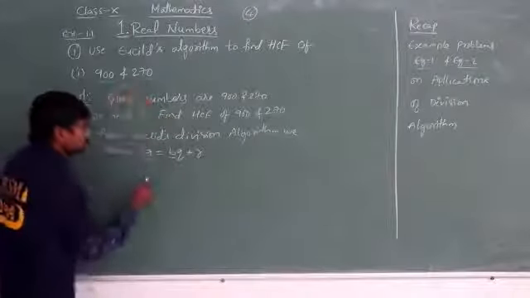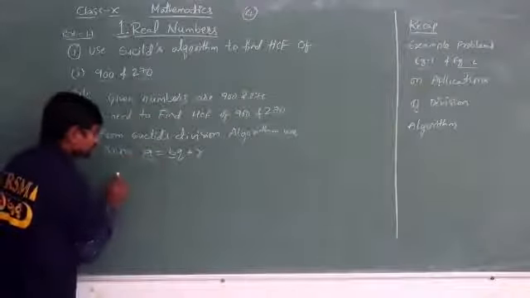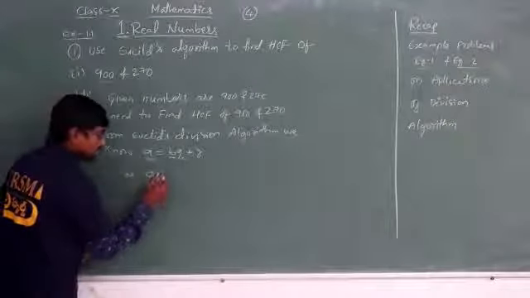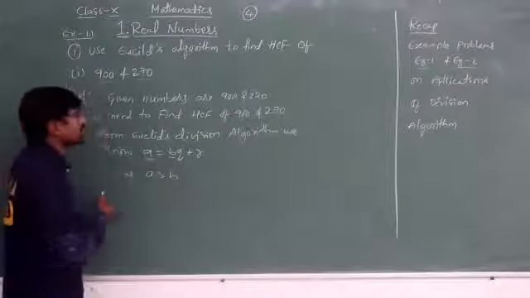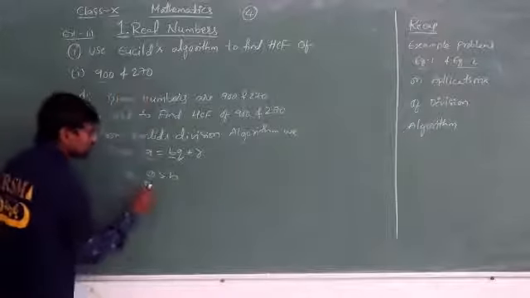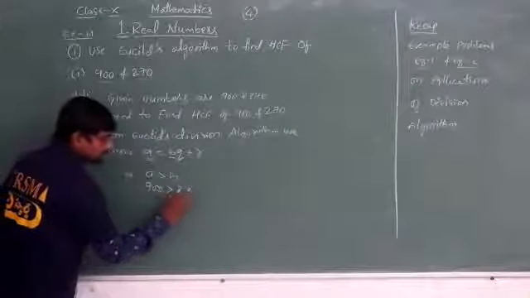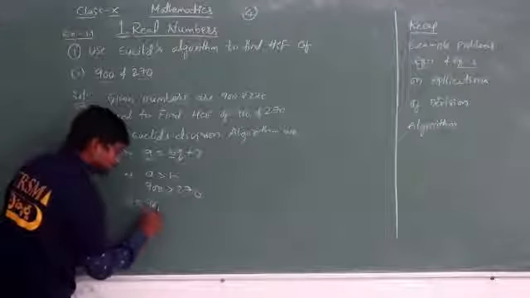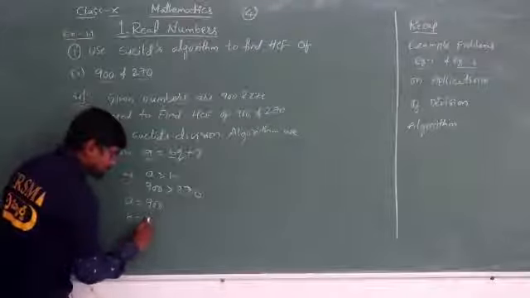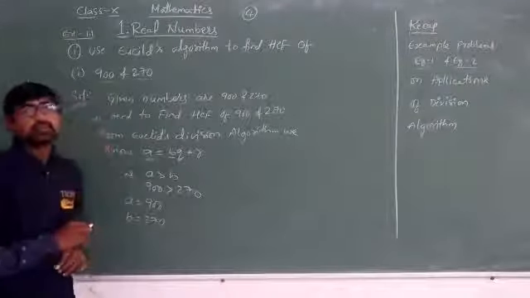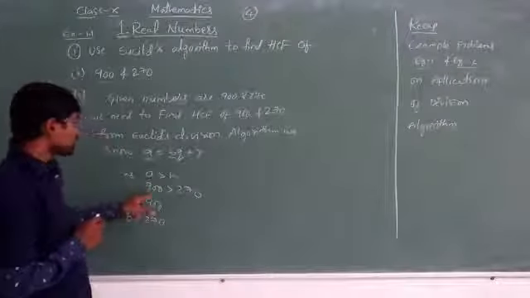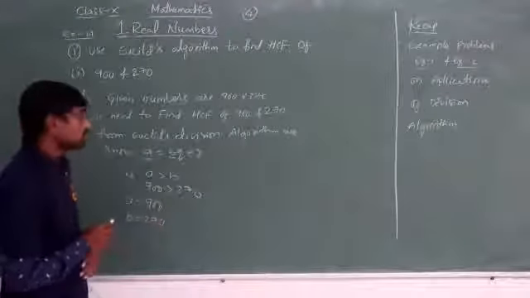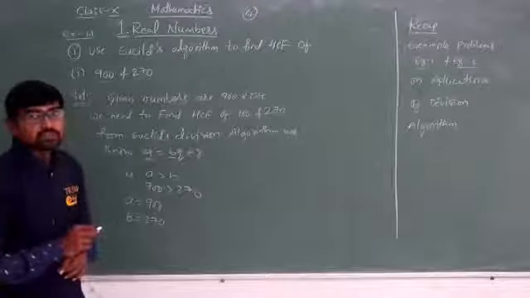Here first we have to check that A is greater than B. Which one is greater here? 900 is greater than 270. So the greatest number is 900, therefore A equals 900 and B equals 270. The value of A is the greater number, that is 900, and the smaller number value is B, that is 270.